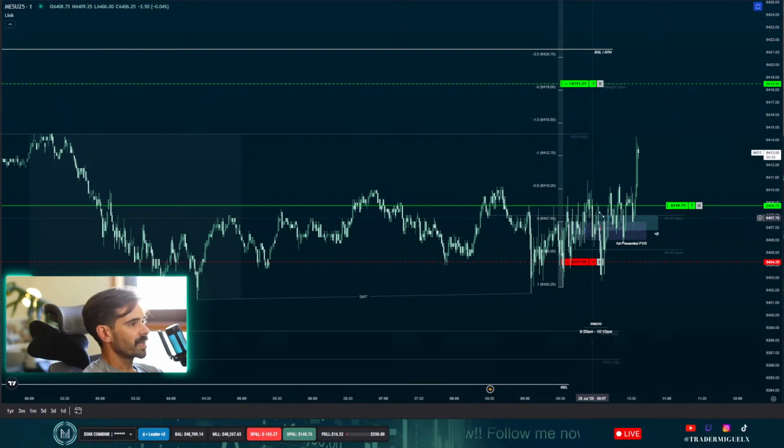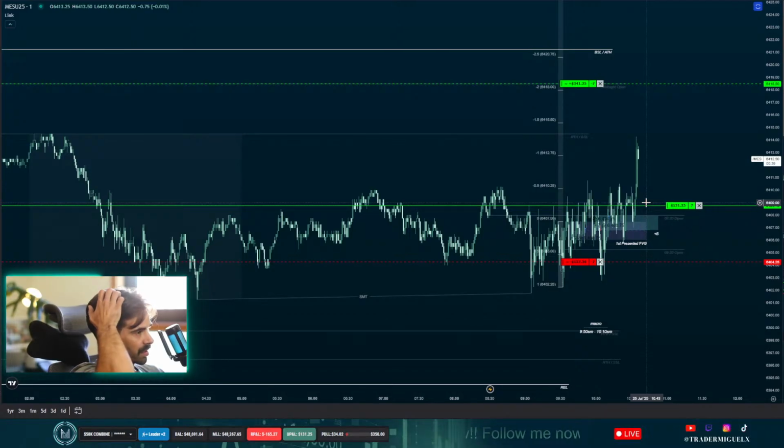Yeah, at this point, I don't think we will come back to the accumulation zone, but I don't know. If I put my stop at break even here, and if I get stopped out, I will end my trading day here. But it would not be a good sign if we come back to the accumulation zone. So I guess I don't know.